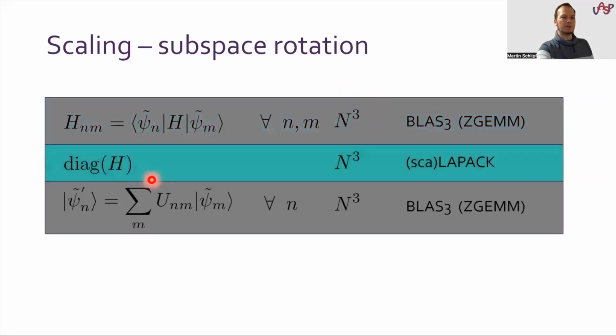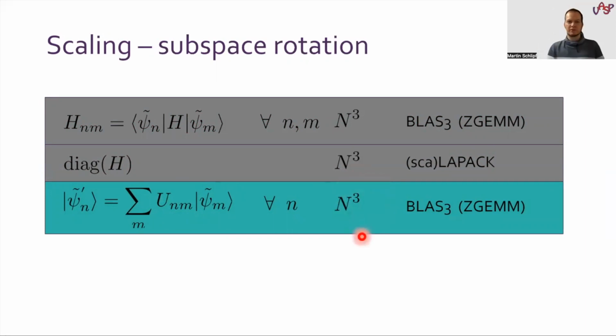Then we diagonalize this matrix, which is another cost that scales cubically with the system size. And finally, we rotate with this U matrix in this subspace. And again, this is a matrix-matrix multiplication.